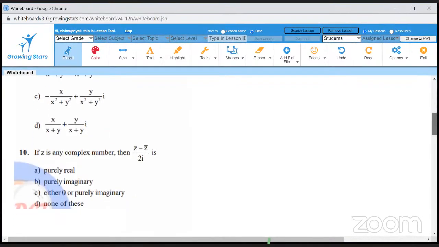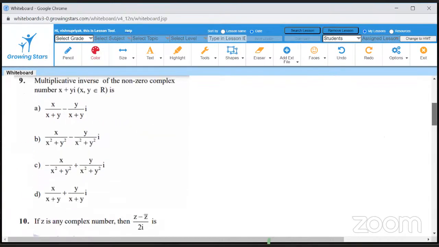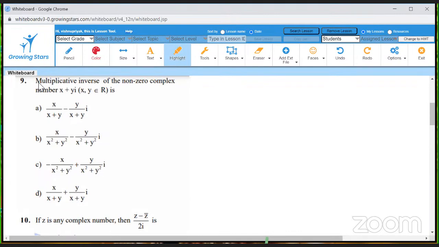Question number 9. Multiplicative inverse of x plus iy. Find out what could be the answer. What is multiplicative inverse?